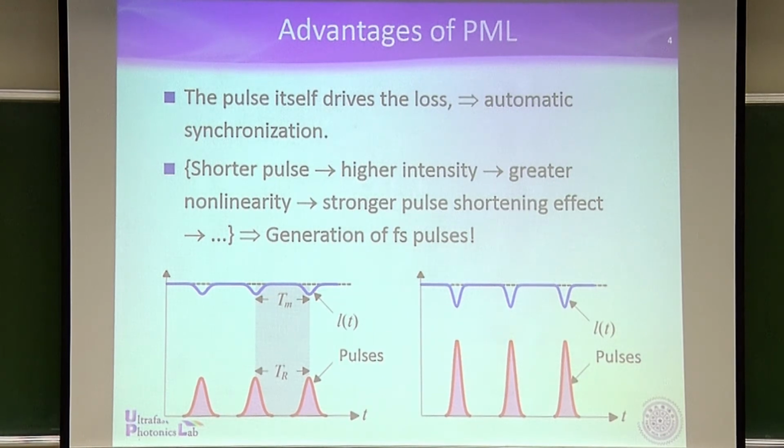Okay. So the blue curve means the modulation curve. In active mode-locking, the blue curve is static, does not change with the pulse evolution. But in passive mode-locking, as shown in these two figures, when the pulse is weaker or broader, the modulation curve is shallower.